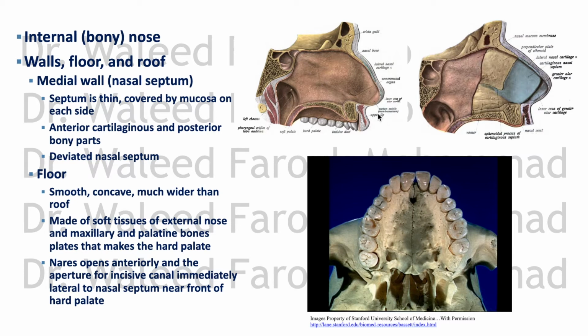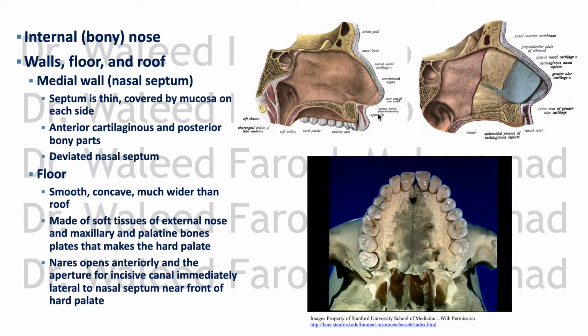There's a common problem that occurs in the nasal septum. It's called deviated nasal septum. Some people get this as an anomaly, and it varies. Some can tolerate a slightly deviated septum that gives symptoms only in seasons, like an allergy.